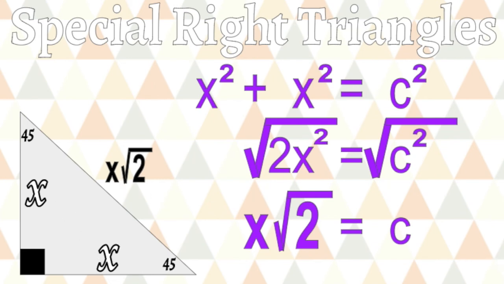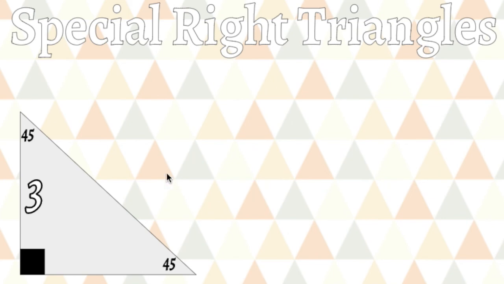So let's try a couple examples. This triangle, it's got a leg length of 3. And so if this is a 45, 45, 90 triangle like we said it is, then this isn't the only leg that's going to be a length of 3. So is this leg down here.